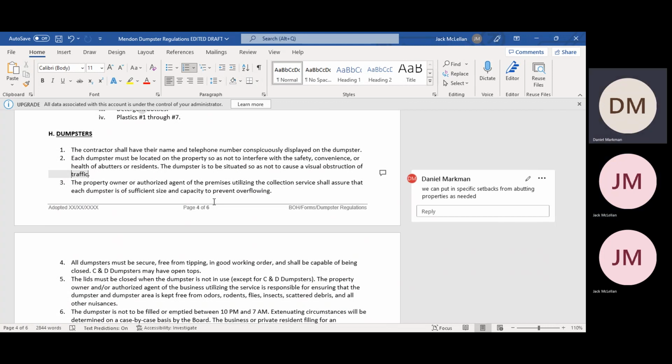Is this because the word traffic is highlighted? Yeah, because you had that comment. I just appended it there not because the word traffic meant anything, but because I proposed that you could dictate setback requirements from abutting properties, like specific setback requirements, 10 feet, 15 feet.